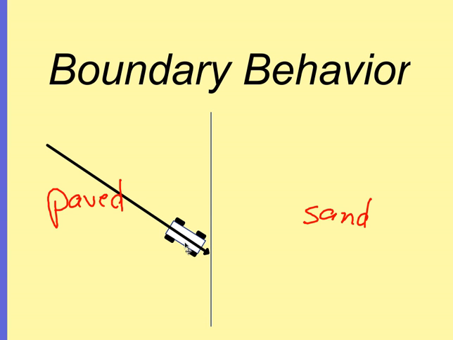When this car gets right to this point, you've got that front left wheel that hits the sand, and the other 3 wheels are on pavement. What's this vehicle going to do? That front left tire, when it hits the sand, isn't it going to slow down? And most likely, isn't it going to jerk this vehicle a little bit to the left?